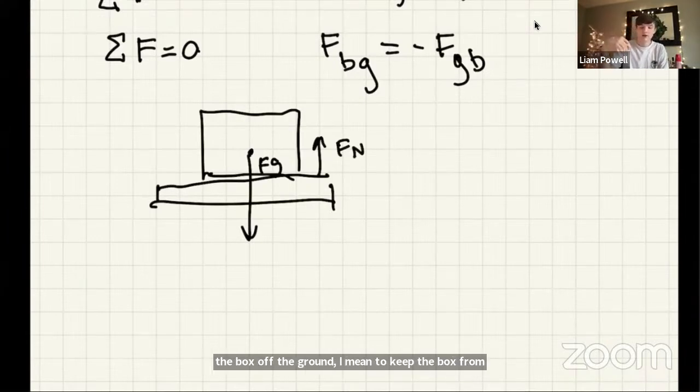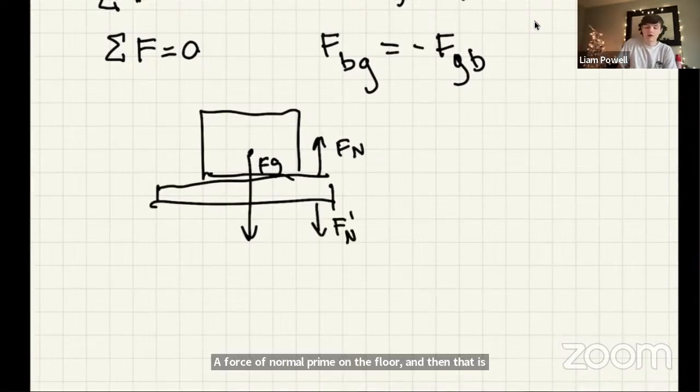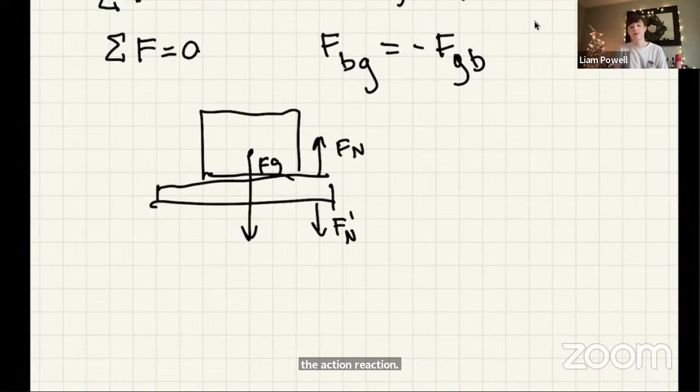Except these are not action and reaction pairs. It might seem so, but these are not. The actual action reaction pair is the force of normal prime on the floor. They're equal and opposite, but they're not action and reaction pairs because they're on the same object, not on two different objects.